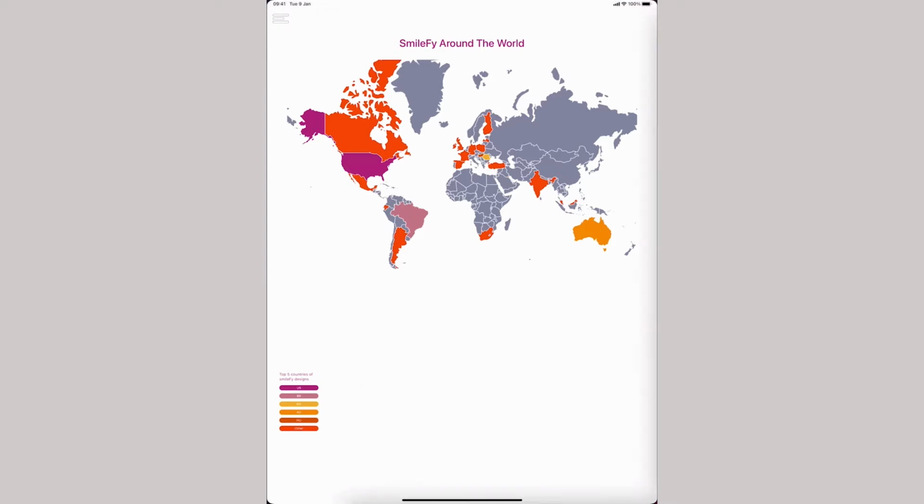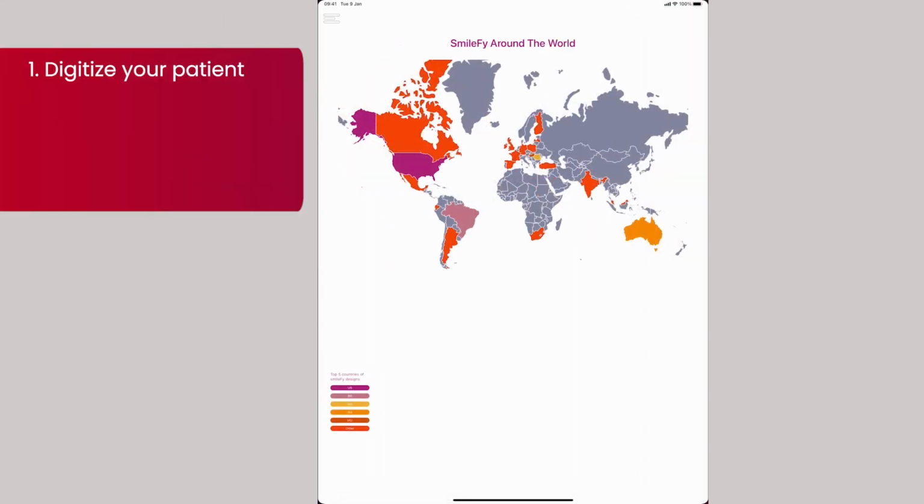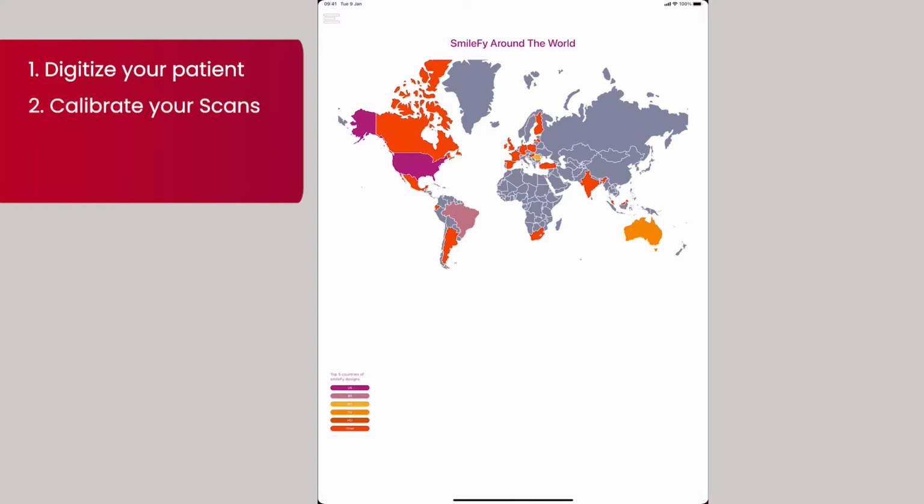The steps for the 3D Smile design are the following. First step is to digitize your patient. Upload all the necessary files to create your 3D Smile design. Second step is to calibrate your scans, which means superimpose the intraoral scan to your patient's picture to improve precision and accuracy of your final result.